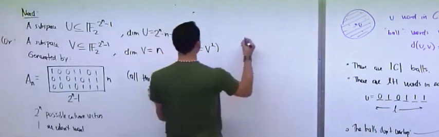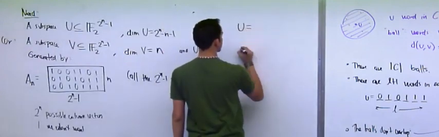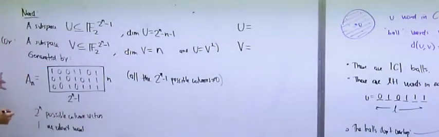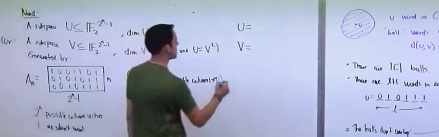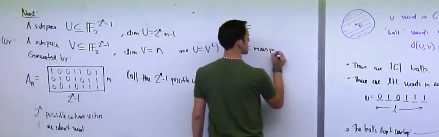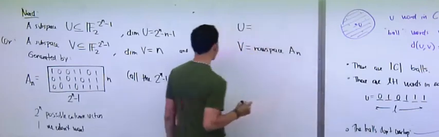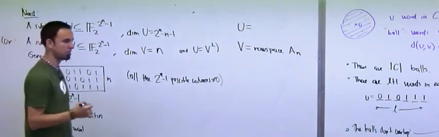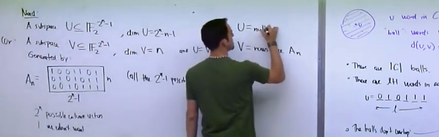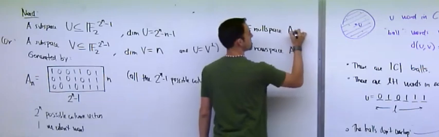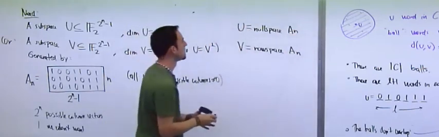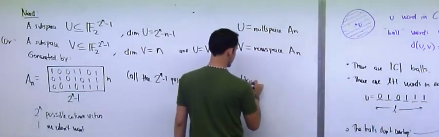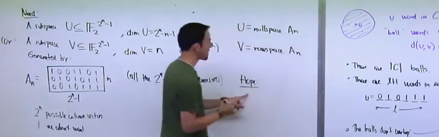I hope this is the right thing. So what is U and what is V? V is the n-dimensional guy. It's just the row space of A_n. And what is U? U is the orthogonal complement. In other words, the null space. Okay. And so I hope that this works.